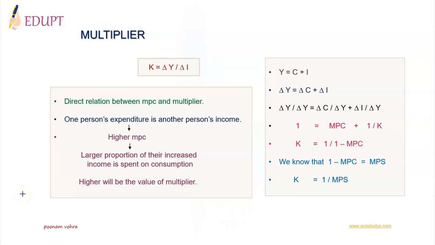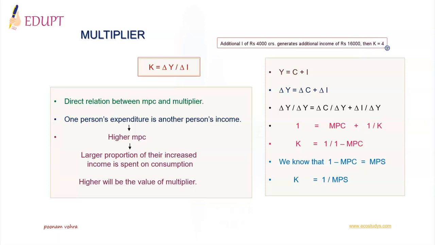Multiplier. It is defined as the increase in national income as a multiple of a given increase in investment. That is, K is equal to delta Y divided by delta I. For example, suppose an additional investment of rupees 4,000 crores in an economy generates an additional income of rupees 16,000 crores.